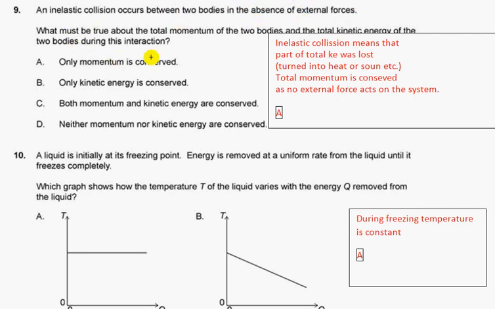What must be true about the total momentum of the two bodies and the total kinetic energy of the two bodies during the interaction? Inelastic collision, by definition, means that part of the total energy was lost, turned into heat or sound. Total momentum is conserved as no external force acts on the system. So we choose answer C. Only momentum is conserved, kinetic energy is not conserved.